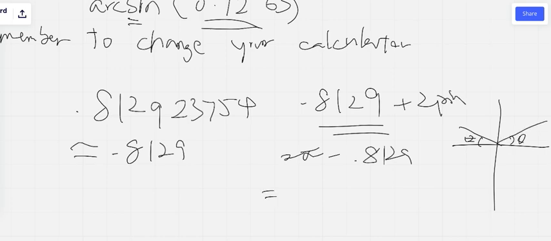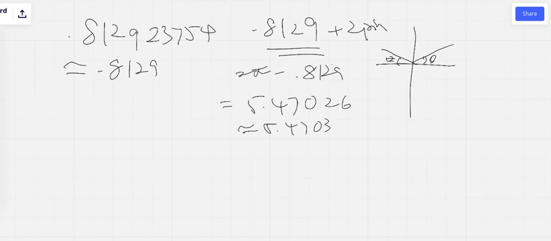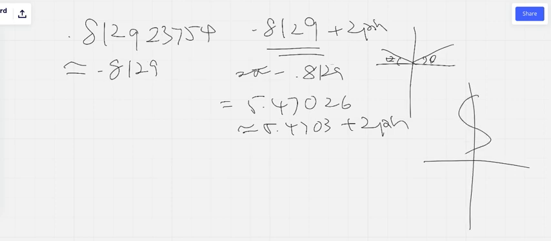Therefore, let's use the calculator again, 2 pi minus 0.8129, which is 5.47026. We can round that to 5.4703 plus 2 pi n, because on the inverse graph it would be something like this.